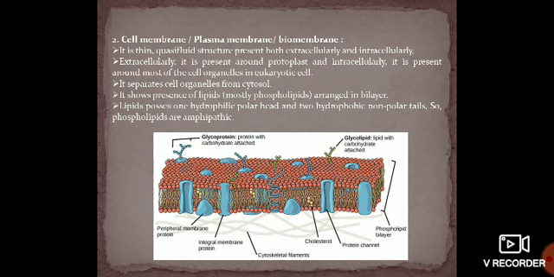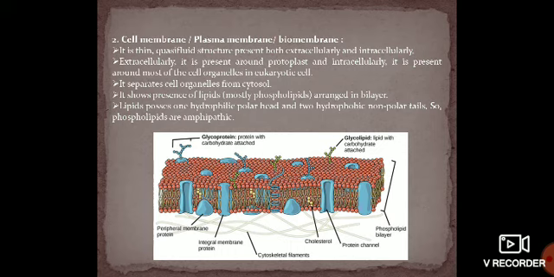Cell membrane is a quasi-fluid structure which is present both extracellularly and intracellularly. Extracellularly means it is present around the protoplast. Protoplast is nothing but the cytoplasm along with the organelles.